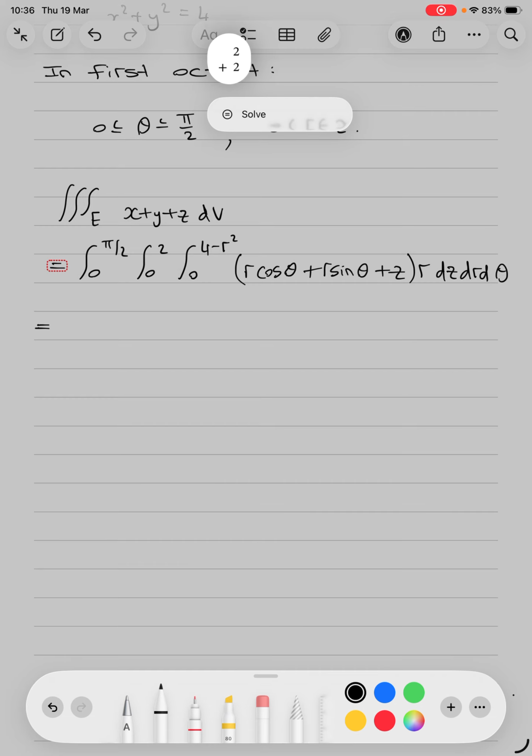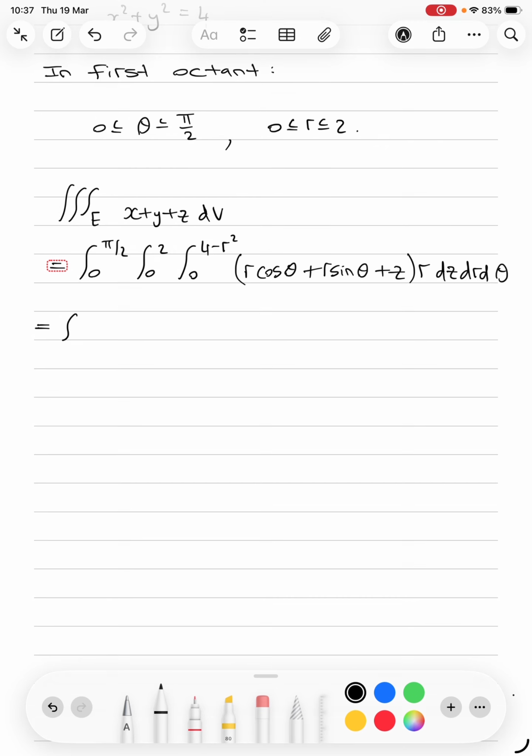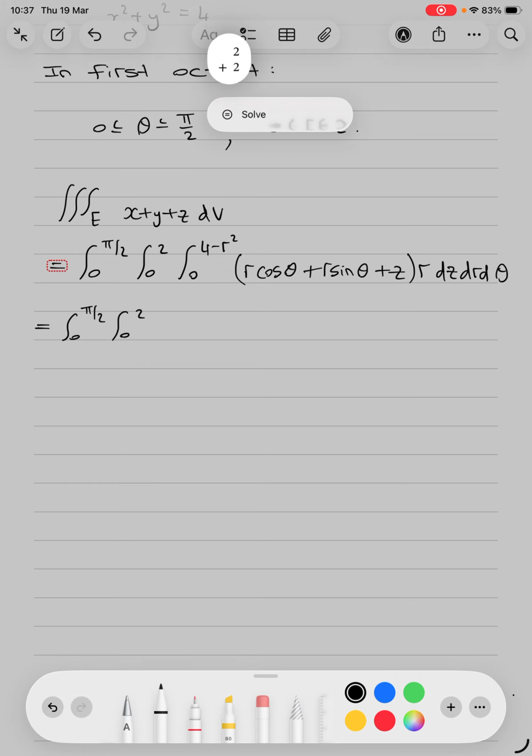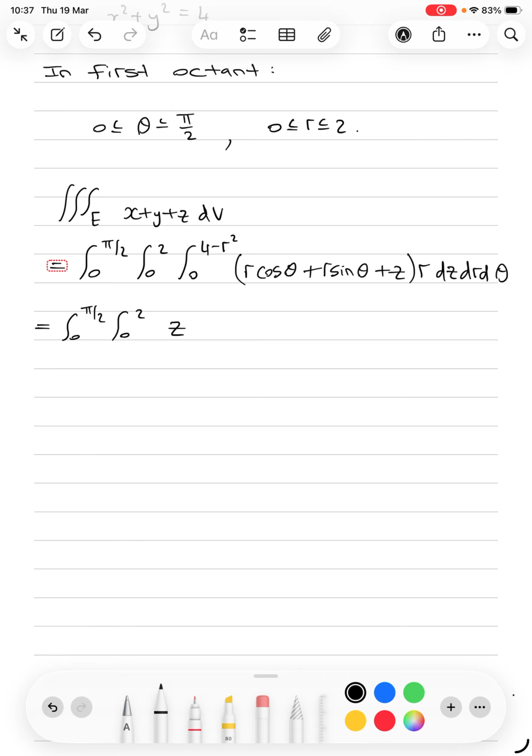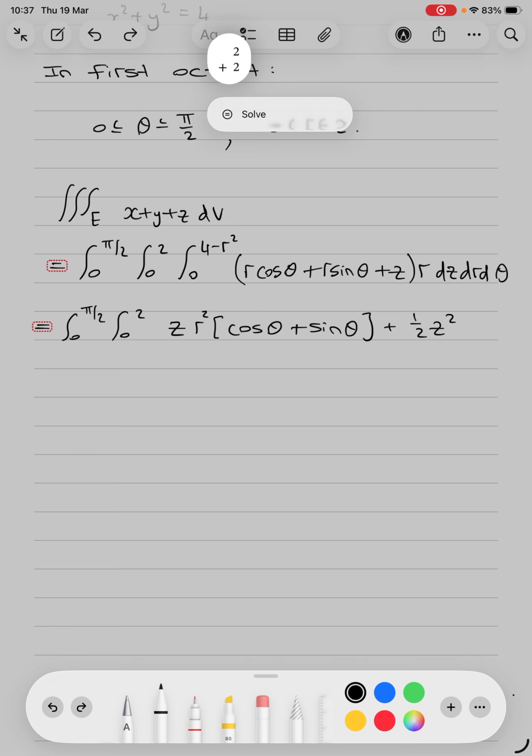Right, so let's integrate with respect to z first. So a z is added to this. And there's a double r, and then in go the limits.